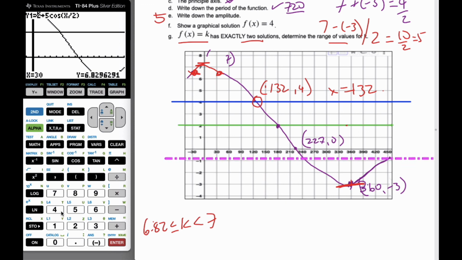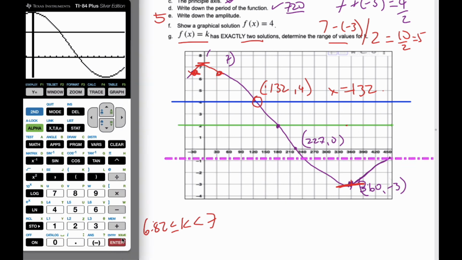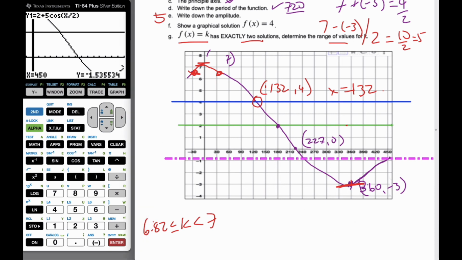So if I'm going to trace 450, I know at -1.54, -1.54, less than or equal to k, less than, and I'm going to pull this down here.